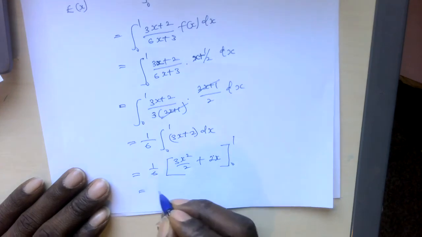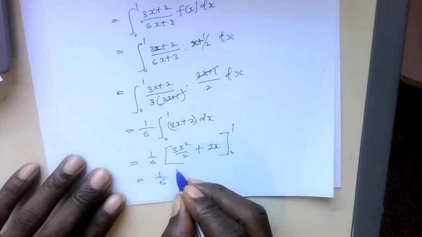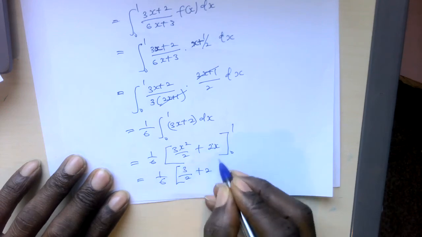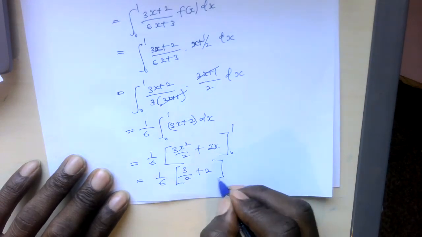So here we have 1 over 6, 3 over 2 plus 2, because 2 times 1 is 2, right?